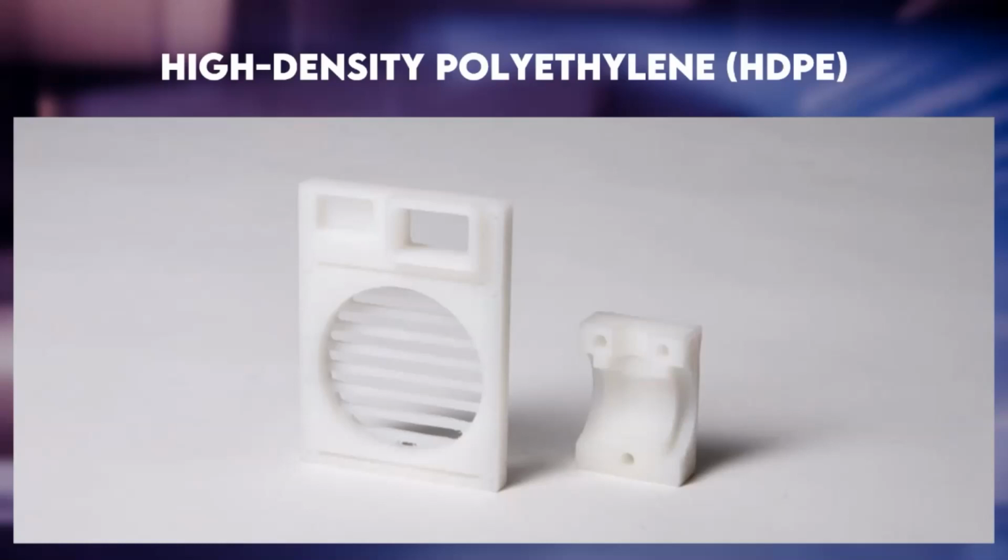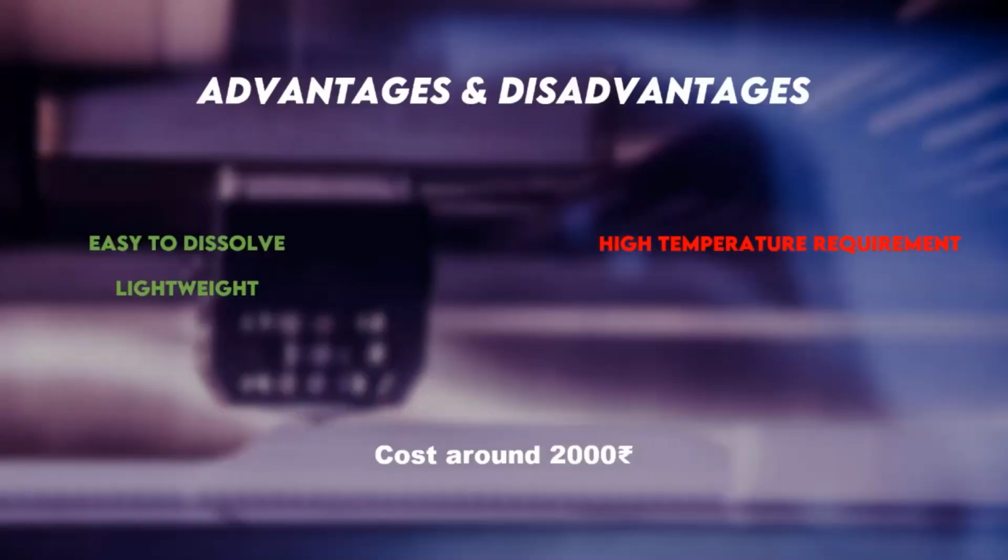Okay, so HDPE is a hard material, and it is harder to print also because it requires much higher temperature. That's one of the main disadvantages of HDPE. One advantage is that it is easy to dissolve.